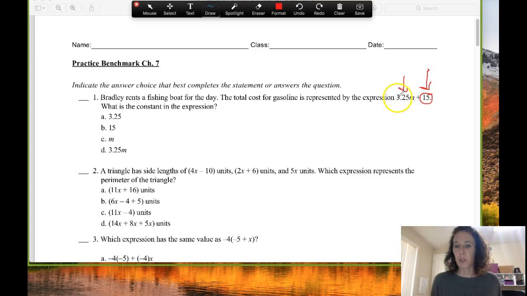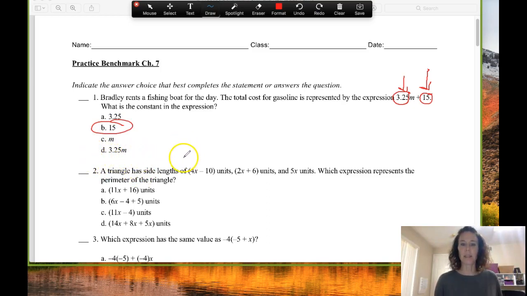This is telling me there's 3.5 m's here, not just the number 3.5. So this would be a coefficient. This right here is a constant. It's the number just by itself. So, which is the constant in the expression? It's 15.